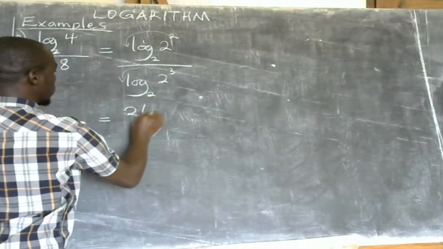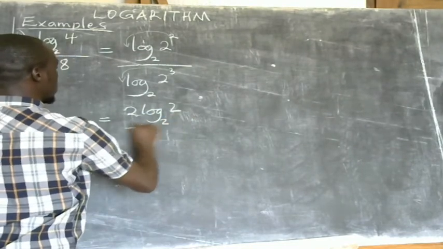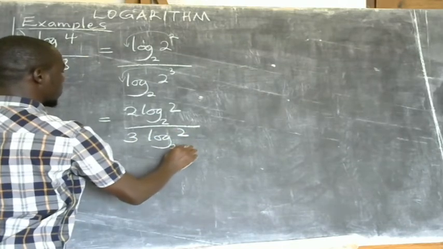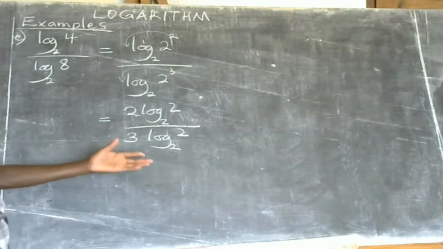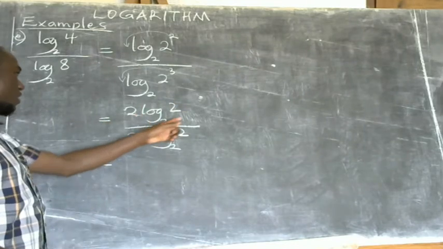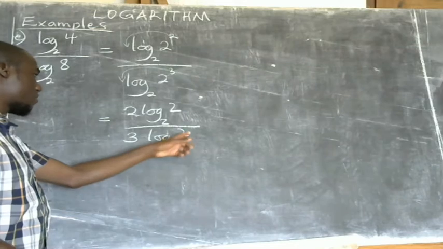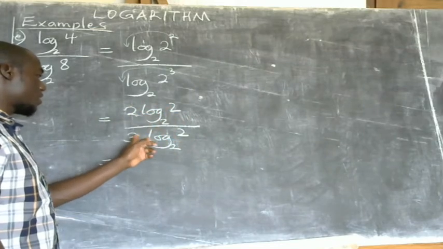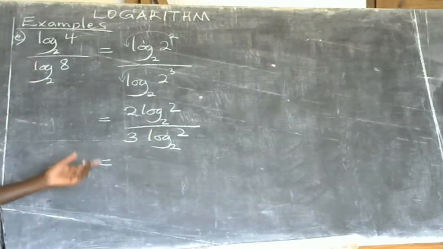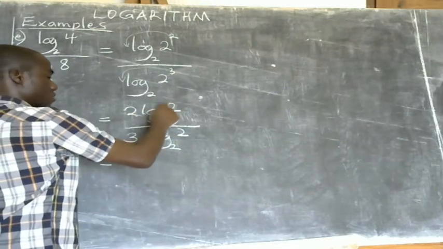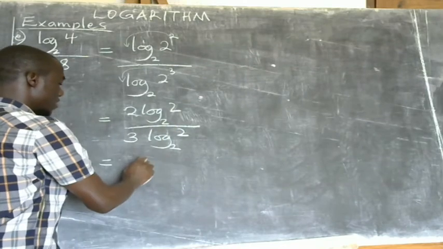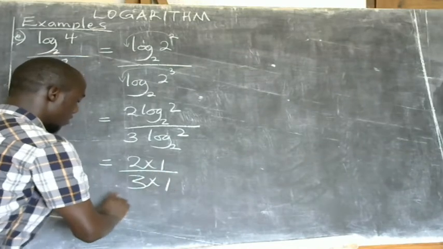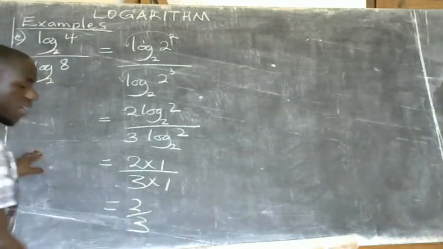So this becomes 2 log 2 base 2 all over 3 log 2 base 2. So here we have 2 options. This part is the same as that part, so they can just cancel out because they are both just multiplying in the numerator and the denominator, or taking this one to be 1 and that one to be 1 to get our answer as 2 times 1 all over 3 times 1, which is 2 over 3.